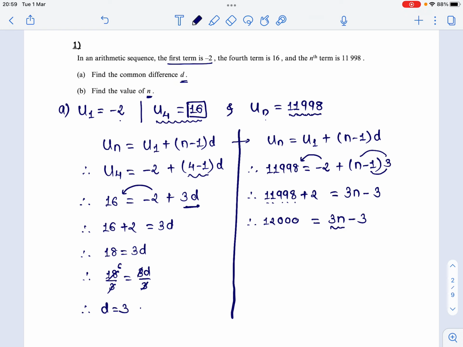To isolate n, we need to take minus 3 to this side, and that will be added. 12,000 plus 3 is equal to 3n. So 3n is equal to 12003.